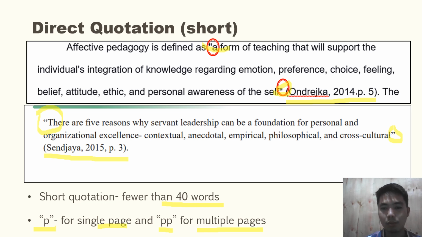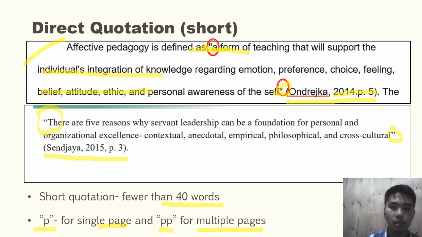So ibig sabihin po nito, for example, dito sa ating first example from Ondrejka 2014, page number 5. So this means that the definition of affective pedagogy can be found dito sa page 5 ng article na to or sa libro po na ito.